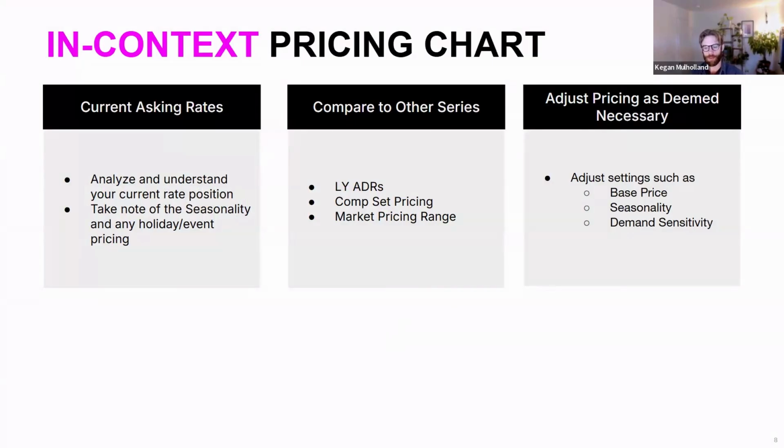So we're going to talk about some of the settings that you can implement and when you would implement certain levers, right? So understanding the theory behind the settings, but also knowing when do I pull the lever to change the base price, or when would I opt to change seasonality, right? So there's always a right tool for the job when you're talking about adjusting pricing.